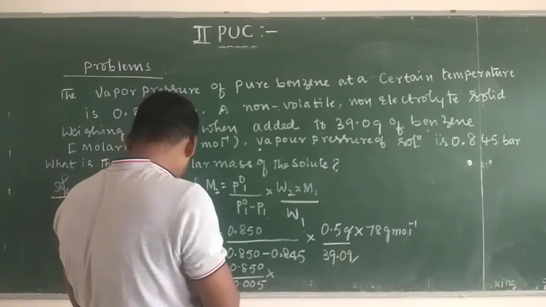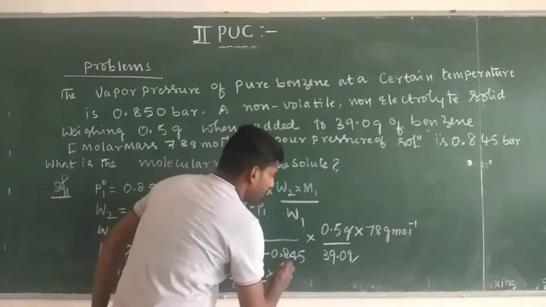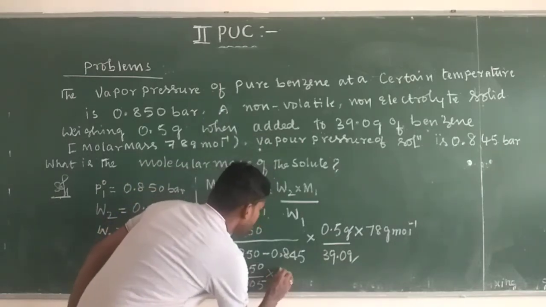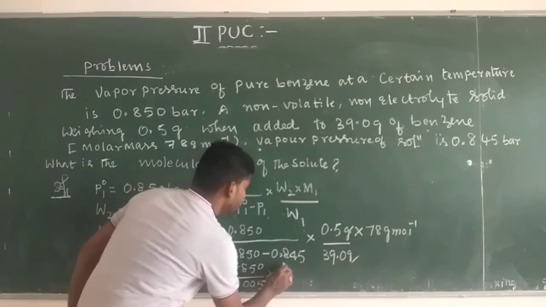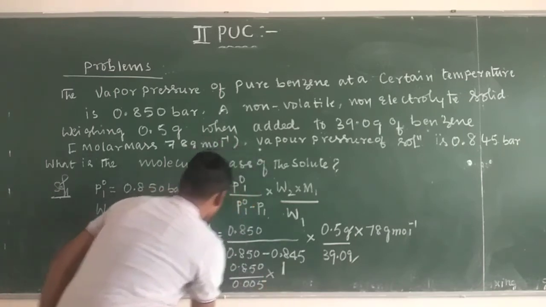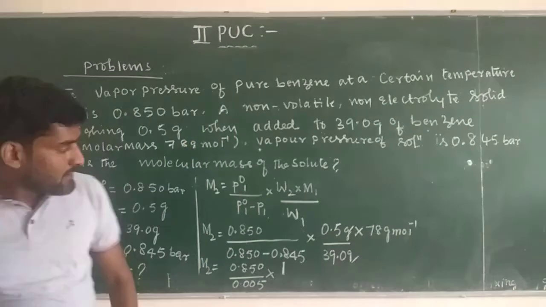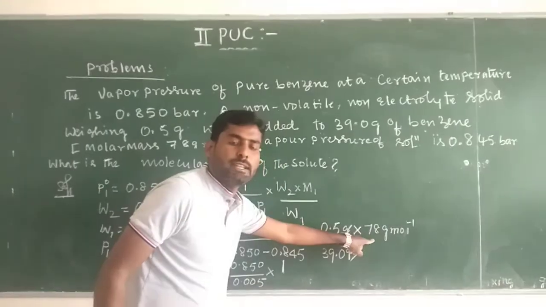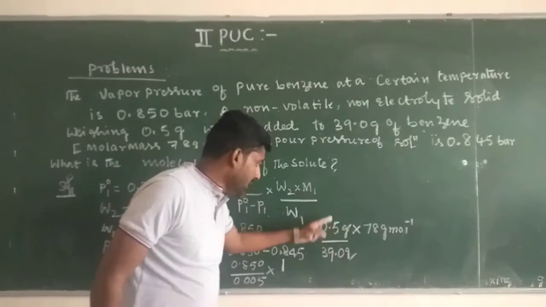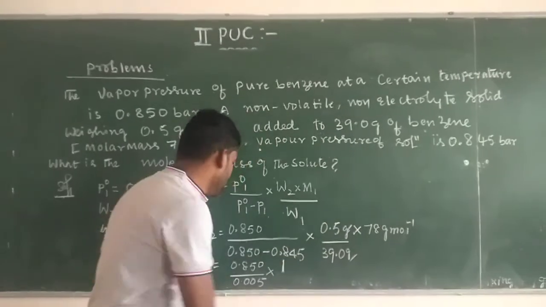divided by 39. So 1. Okay, so here 0.5 into 78, you will get 39. 39 divided by 39, so 1. So that is 1 gram per mole.